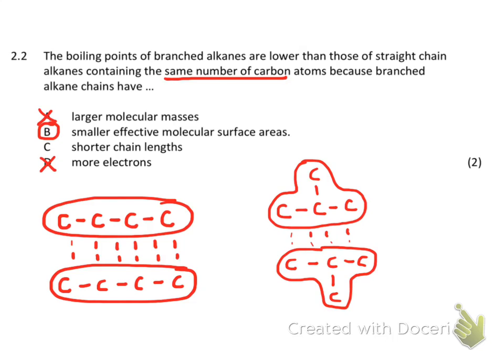Both B and C are possibilities, but option B is the better answer, because that gives the real reason, which has to do with the effective surface area. C is not incorrect. The branched chains do have shorter chain length, but the real factor here is the effective surface area. So B then is a correct answer.